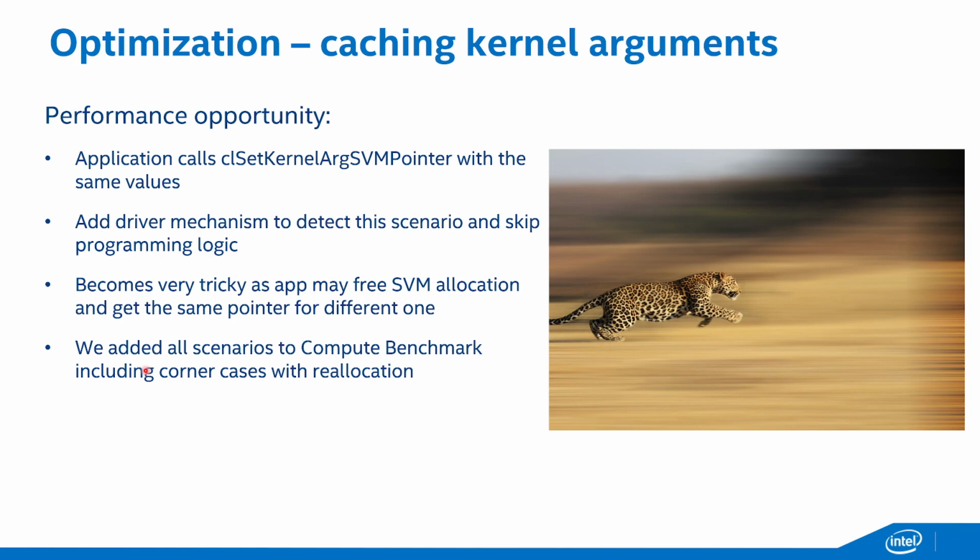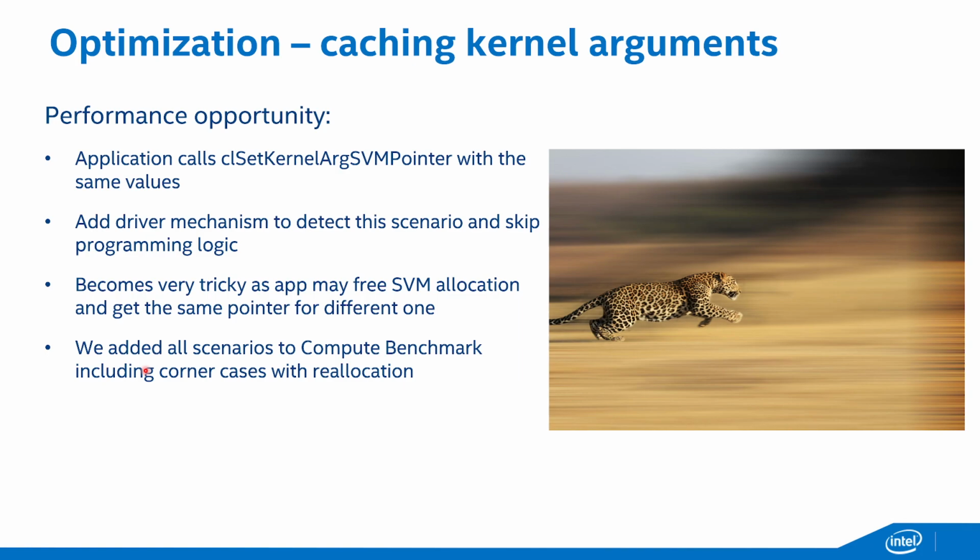You were lucky to get the same pointer, but you need to reprogram the GPU state because it's a completely new allocation. So this creates complexity for this optimization. Obviously the application from our client was not doing this, but we needed to be sure that the driver would work after the caching optimization.